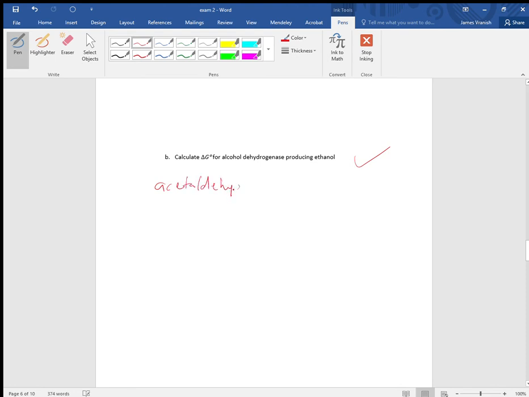Acetaldehyde plus NADH giving us ethanol plus NAD plus. All right, so this is the reaction that this question is asking about. You had to be able to figure that out first, otherwise you'd struggle to get the rest correct.